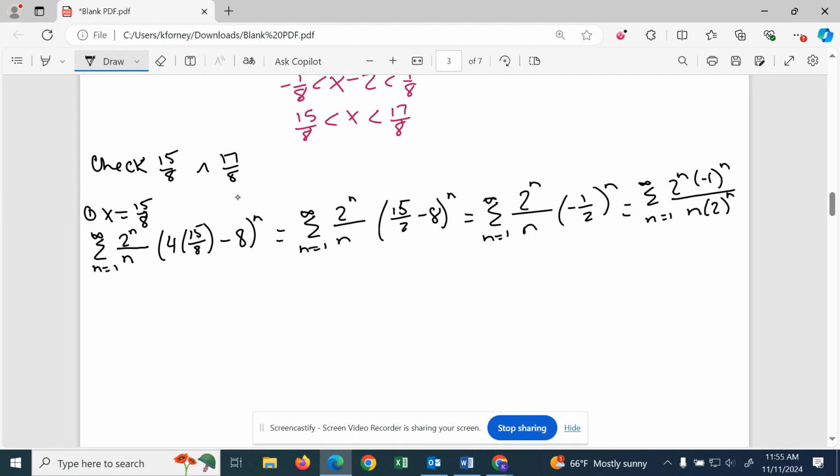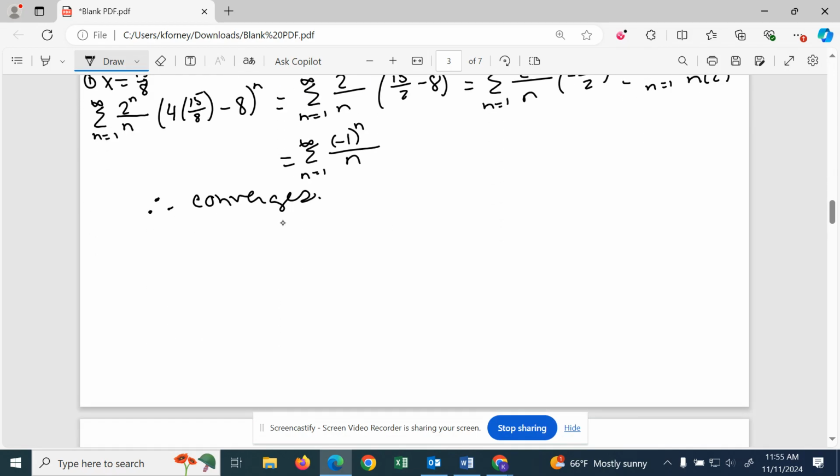And so at this point, you could cancel out your 2 to the n. So the summation, n equals 1 to infinity, that would cancel. We would end up with negative 1 to the nth divided by n. So this is an alternating harmonic series, and it converges. Therefore, this converges.